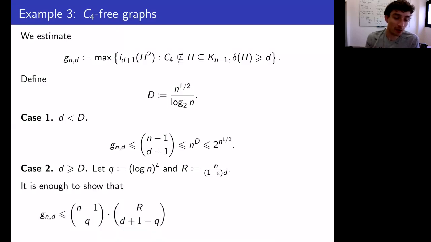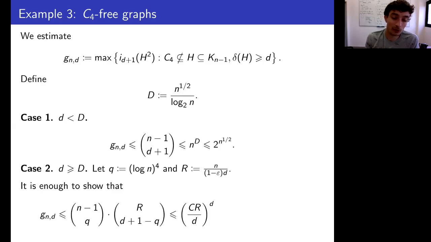I claim it's enough to show the following upper bound on the number of independent sets: n-1 choose q times r choose d plus 1 minus q. Since q is only logarithmic and d is almost square root of n, only the second binomial coefficient here matters. So we get a bound roughly of the form r over d to the d.